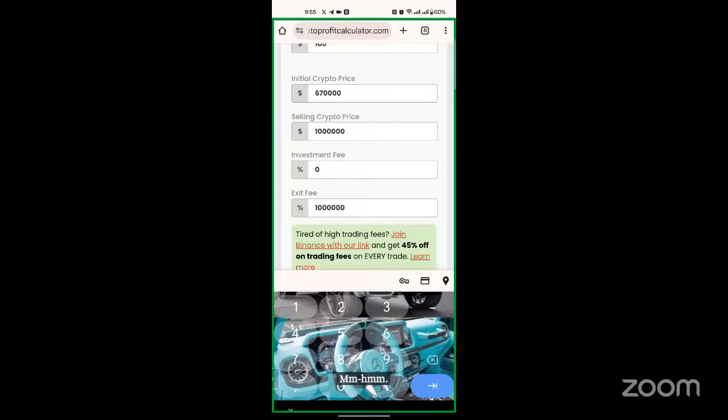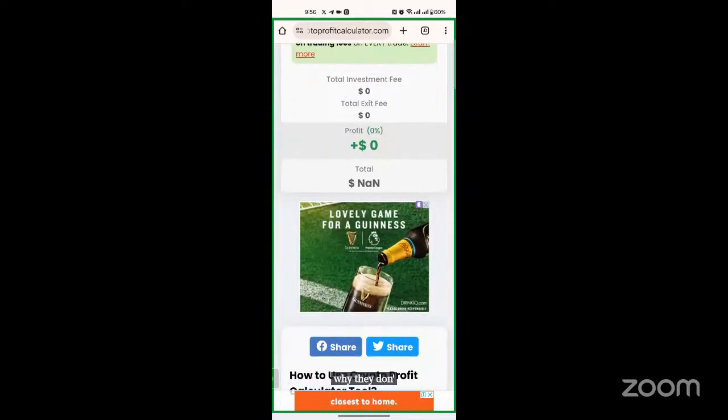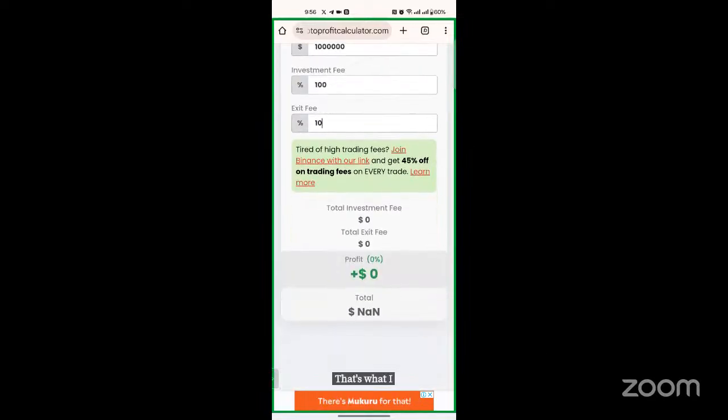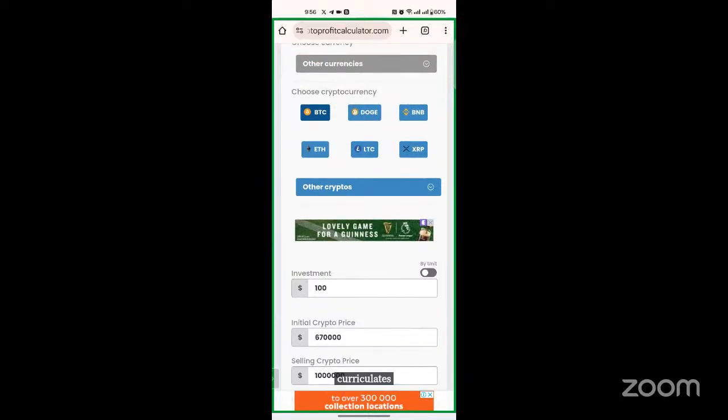Investment fee, $5. Investment, $100. Why are they not calculating? Now these guys, they want me to connect my account. That's what I hate about this stuff.